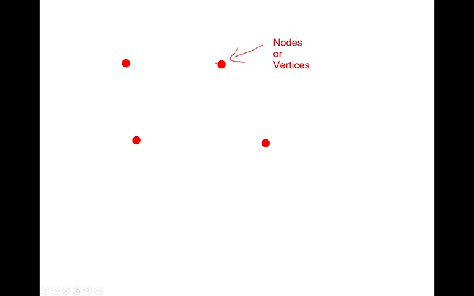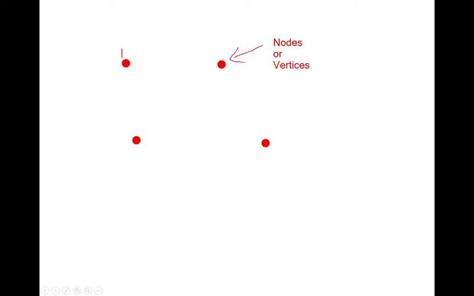In the real world, these nodes may represent multiple things. Let me first complete this graph, then I'll give you an example. These nodes are connected with each other using edges, and we can call them edges or arcs. Before drawing an edge, let me label these nodes.